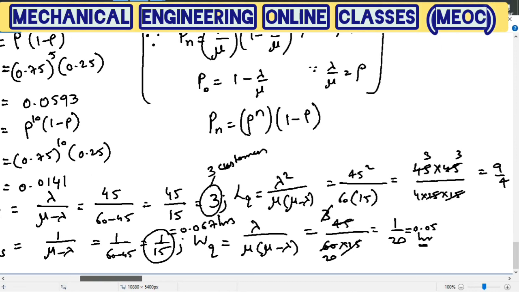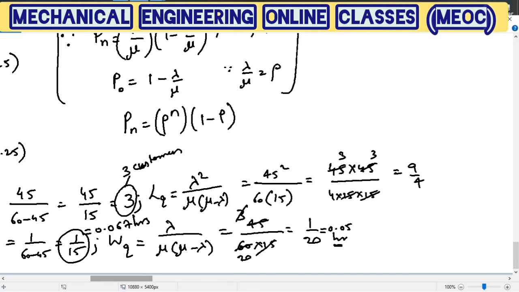And LQ is 9 by 4, which means 2.25 customers. Because this is math, we cannot force it to be an integer, but actually it will be an integer. So more than 2 customers are waiting for the service. More than 2 means we can consider it to be 3.